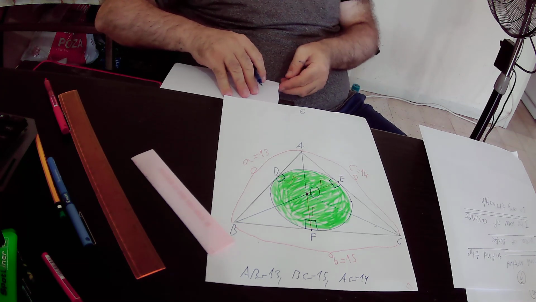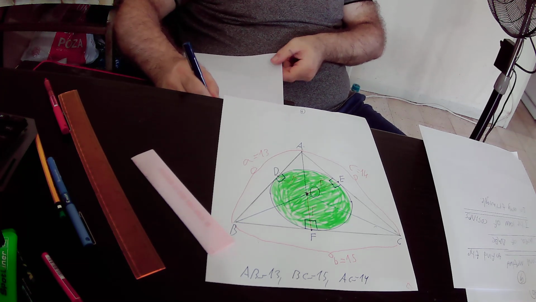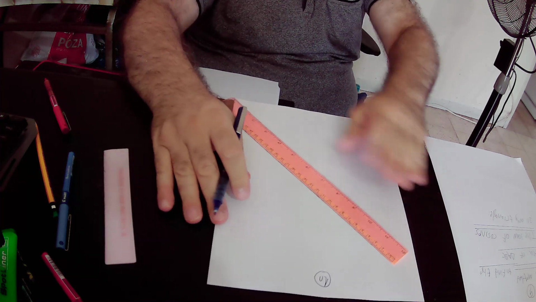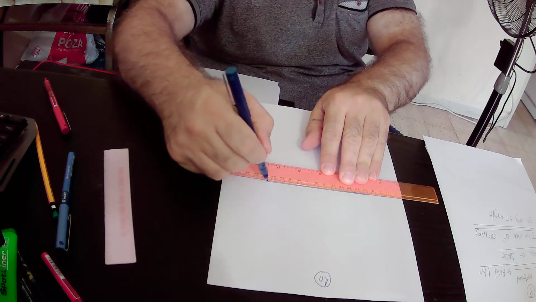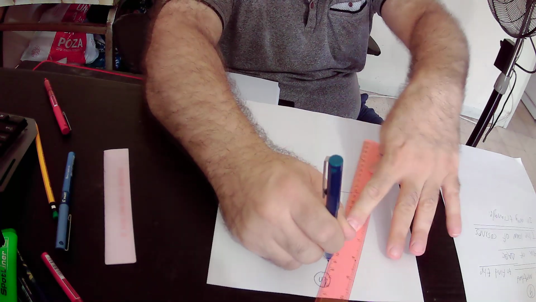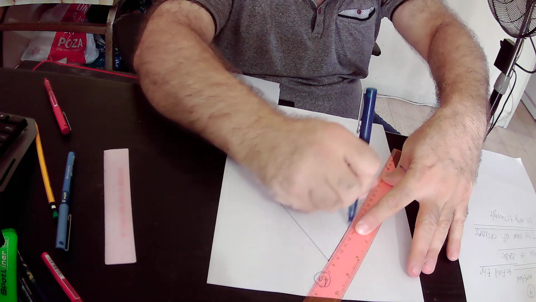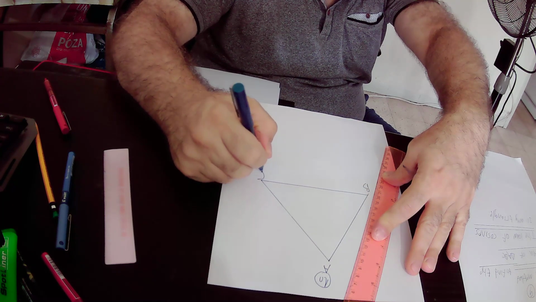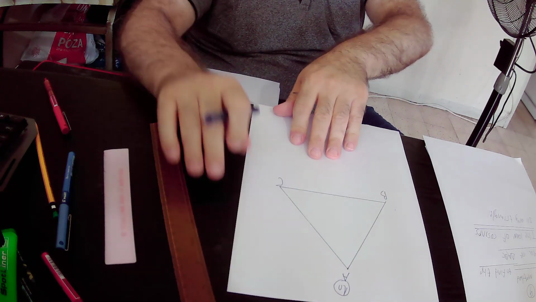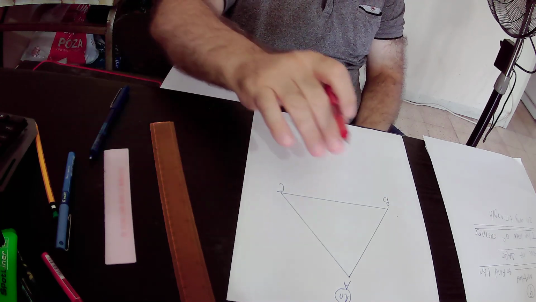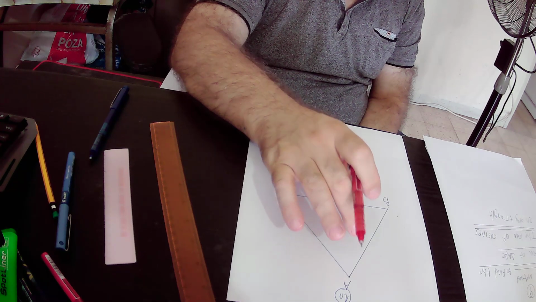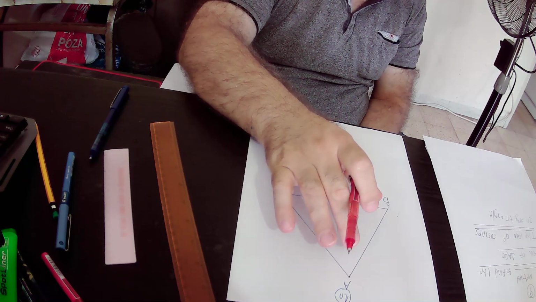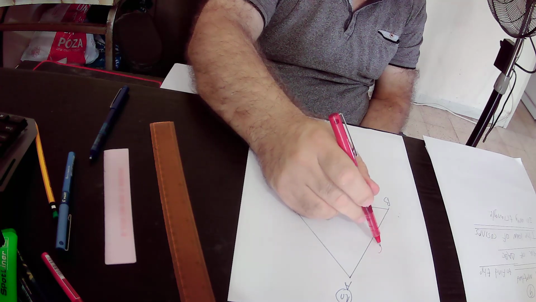So in any triangle, if you have triangle ABC, and side AB of triangle ABC equals A units.